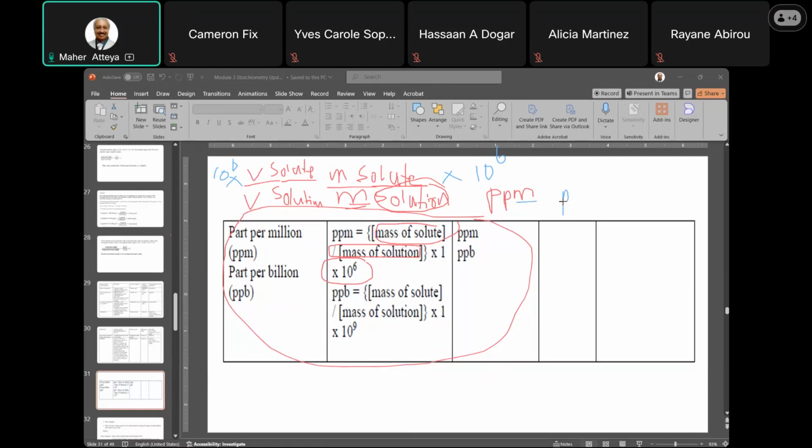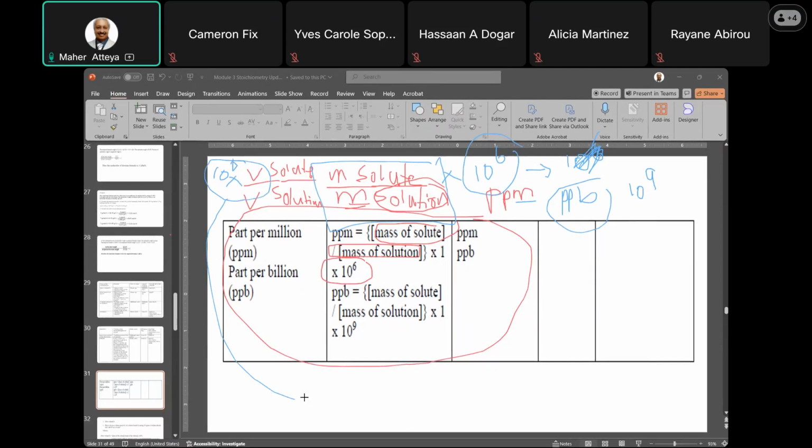For part per billion, it's the same ratio, mass of the solute over mass of the solution, but instead of power 6, it's 10 to the power 9.